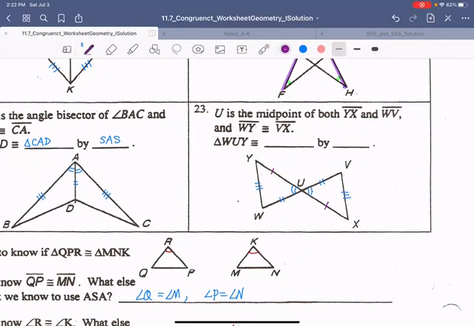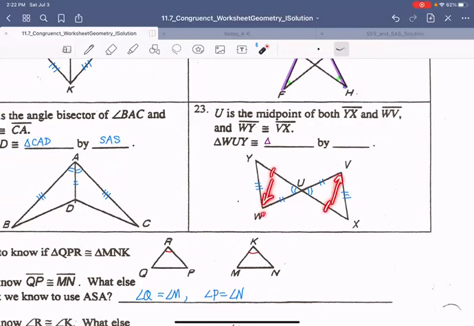So triangle WUY is congruent to triangle XUV. And W is corresponding to this, yes? You see, VUX, the opposite, the congruent side, opposite angle.